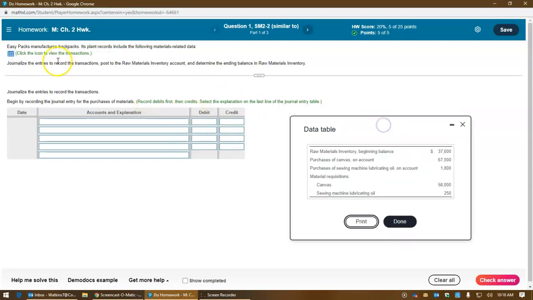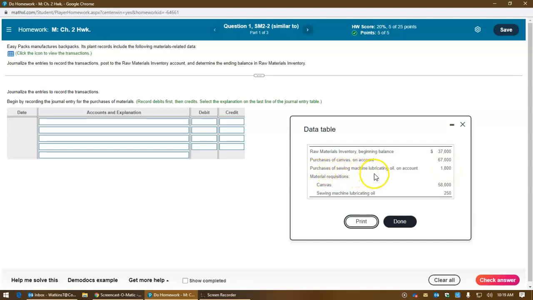So it says Easy Packs manufactures backpacks. Its plant records include the following materials related data. And so you've got the data table. It's got a beginning balance in raw materials inventory of 37,000, and we purchased more canvas on account, 67,000.